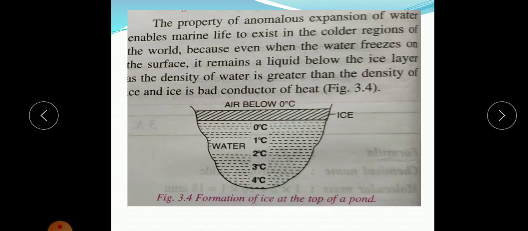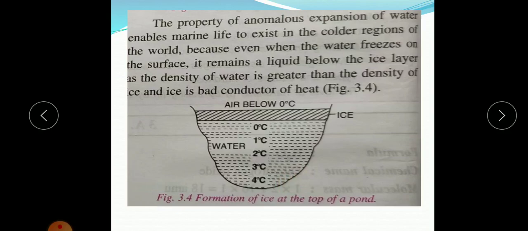So over here, what has happened, this is a lake, or we can call it a pond, in which we have got marine life, fish, insects, as well as other living organisms. So as we know that water freezes at 0 degrees Celsius, and according to the maximum density of water, it will be very high at 4 degrees Celsius.